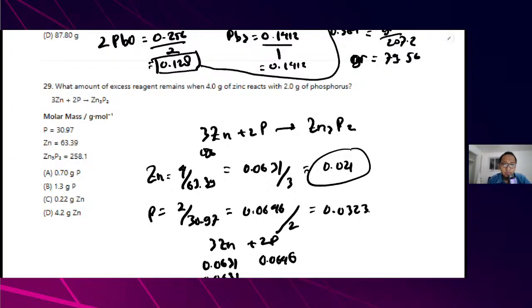Okay, times 2. 0.021 times 2, so it will be 0.042. So the answer will be around 6. It looks weird. Why? It looks so weird. Let me think first.